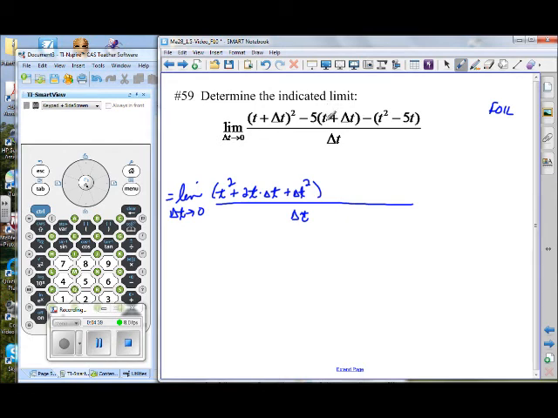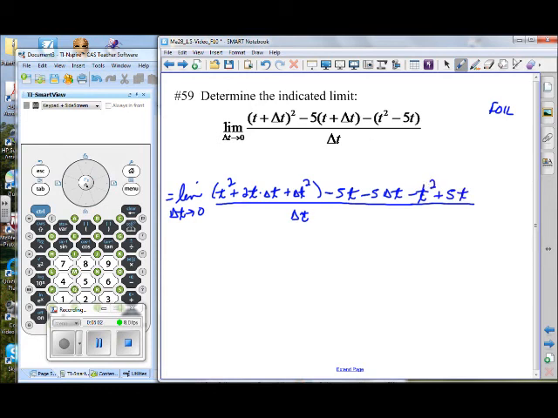Then we have minus 5 times this quantity, so this is going to be minus 5T minus 5 delta T. And then we have minus this entire quantity. So again, remember to distribute that negative all the way through. Negative T squared plus 5T.